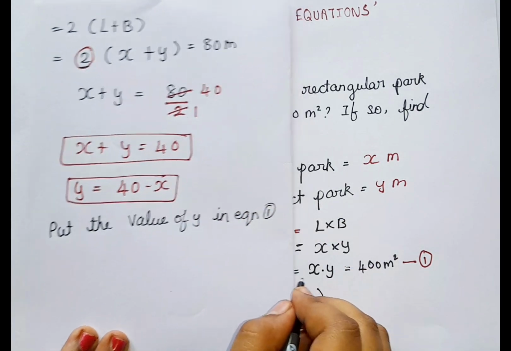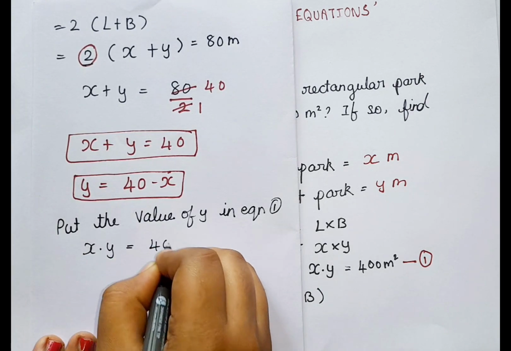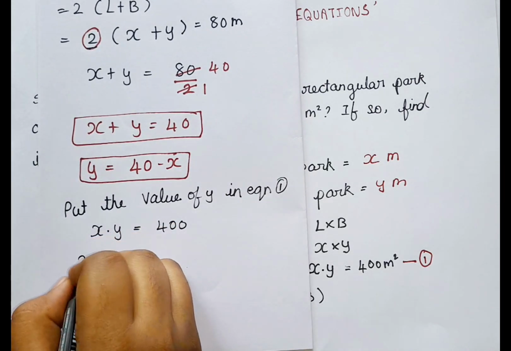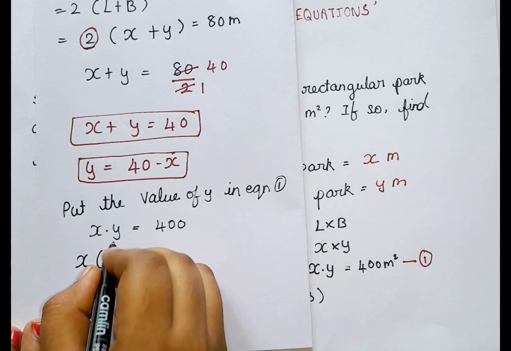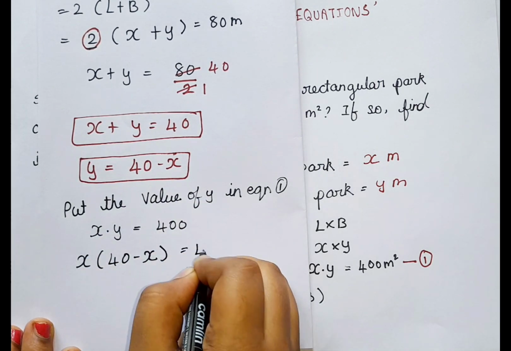This is equation number 1, that is x into y is equal to 400. So x into bracket, the y value is 40 minus x, close the bracket, is equal to 400.